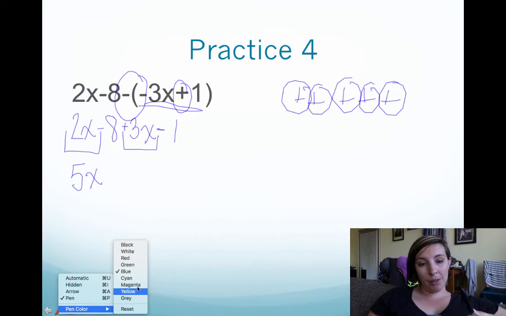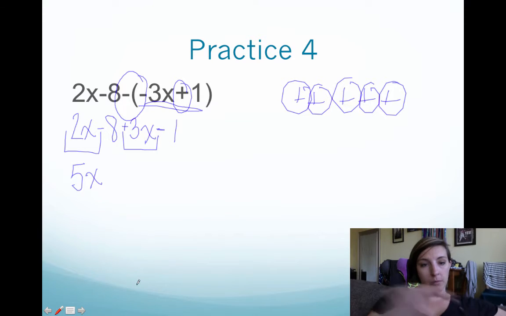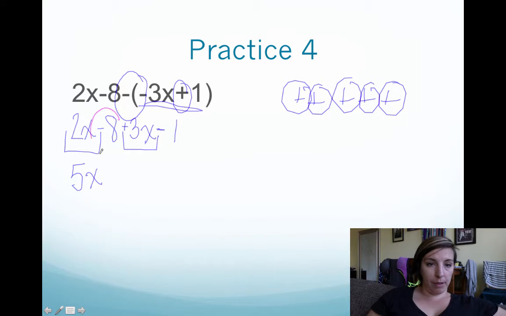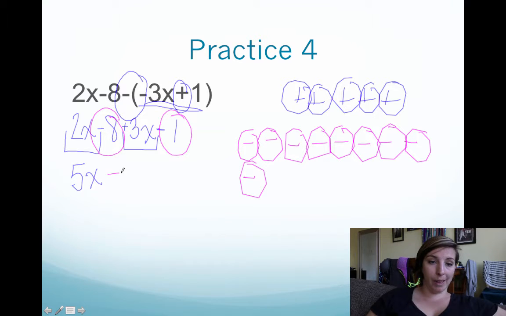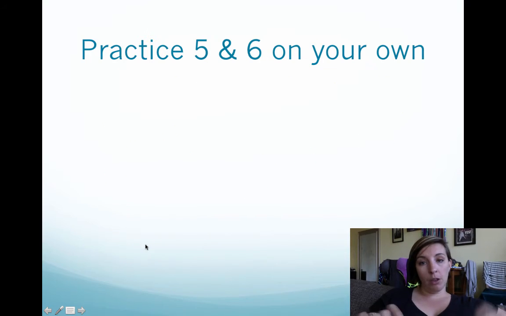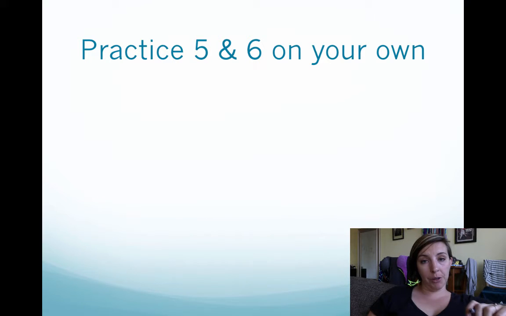When I combine those terms, if I start with 8 negatives, and I add 1 more negative on there, I end up with 9 negatives. So my full expression, when I combine like terms, becomes 5x minus 9. You guys do pause the video and do practice 6 and 5 on your own.